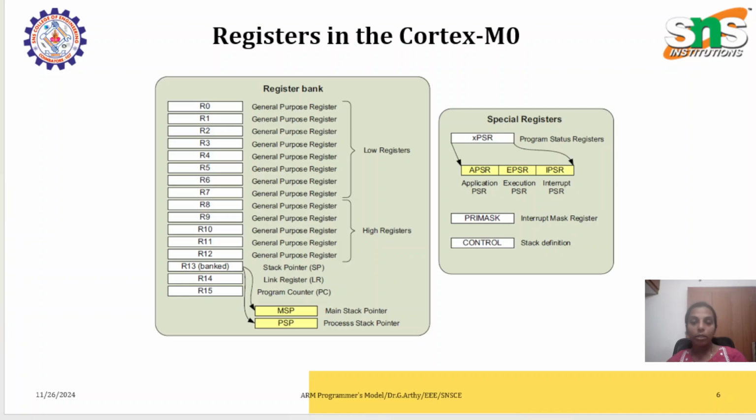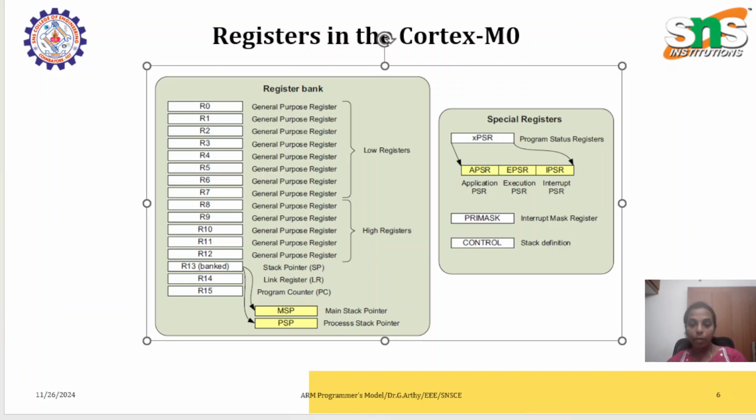So these are the registers, and we have already discussed these registers. We have 15 registers. Out of these, R0 to R12 are general purpose registers. Then R13 is the stack pointer, R14 is the link register, and R15 is the program counter.